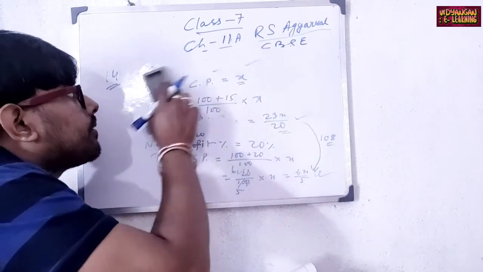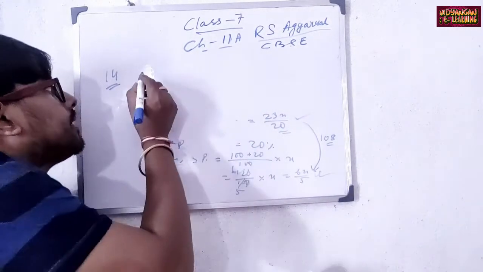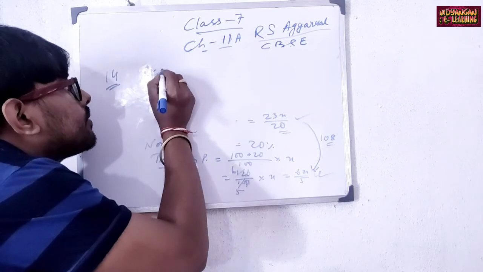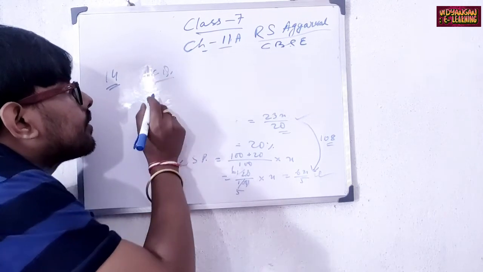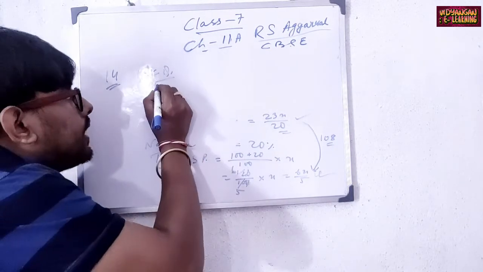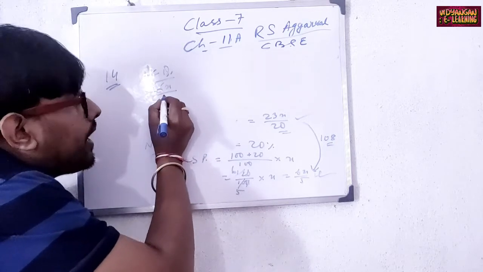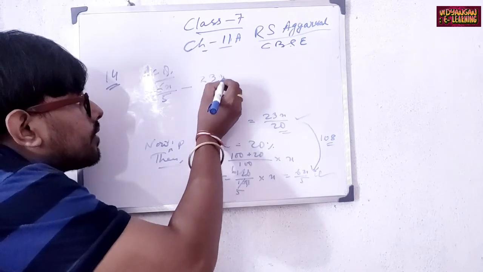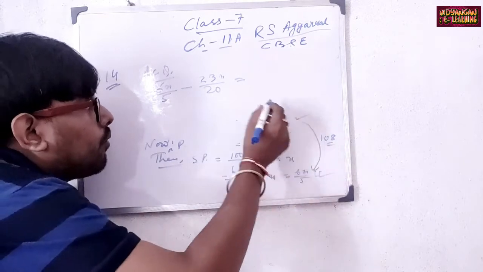Now we have to make an equation according to the question: 6x by 5 minus 23x by 20 is equal to 108.